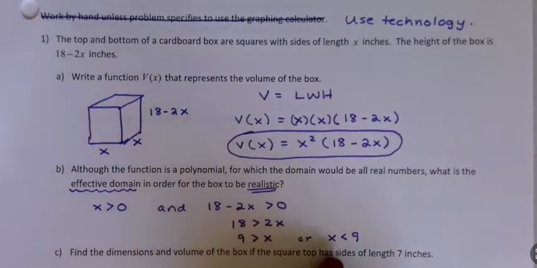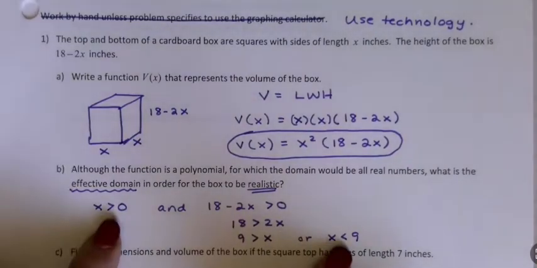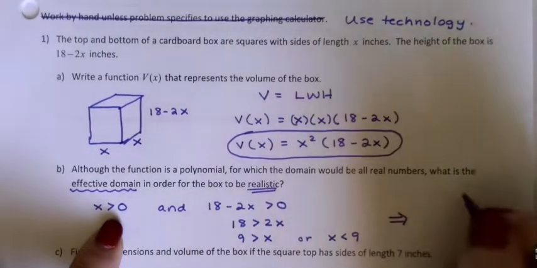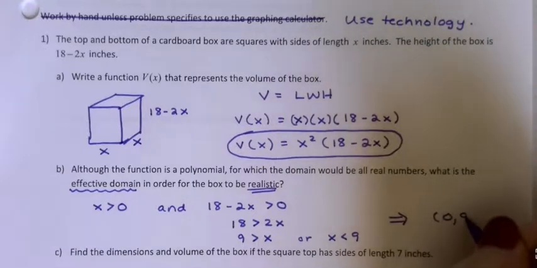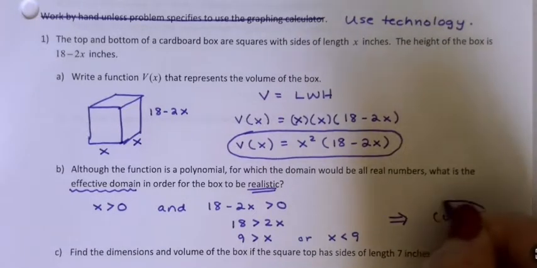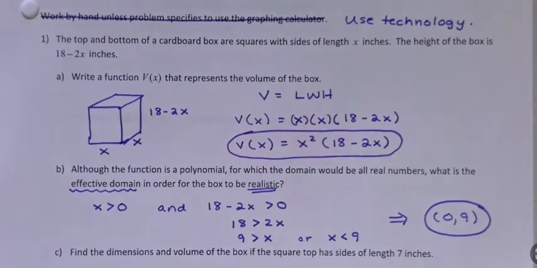So it looks like my x values are between 0 and 9. Can't be negative and can't go any bigger than 9. So my domain is from 0 to 9. Does that seem logical? Good enough. All right.